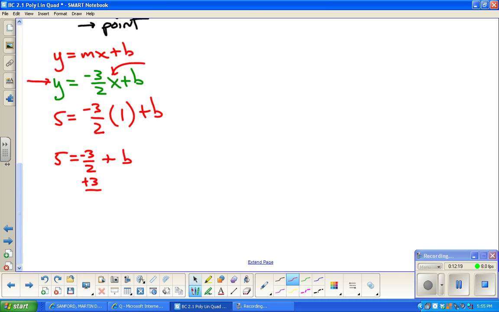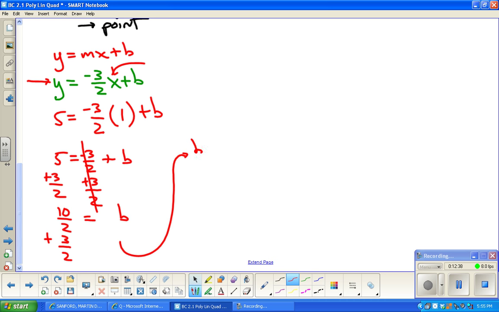Add 3 halves to both sides. Okay, well 5 is 10 halves plus 3 halves, and that all is going to equal b. So b equals 13 halves.